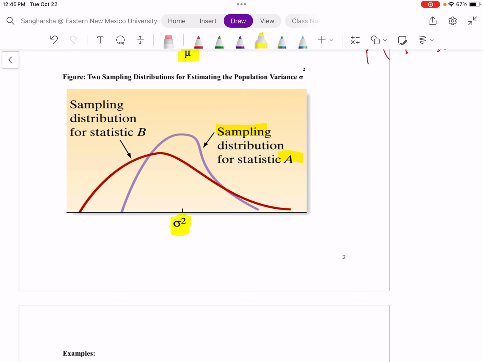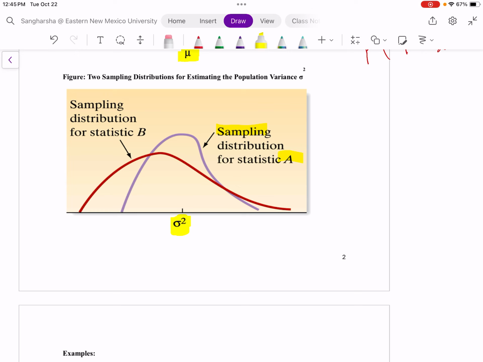So this is our parameter. Now, is this parameter at the center of both distributions? This sigma square parameter is at the center, not exactly, but very close to the center for sampling distribution A, right? If you consider this graph, our sigma square is at the center.